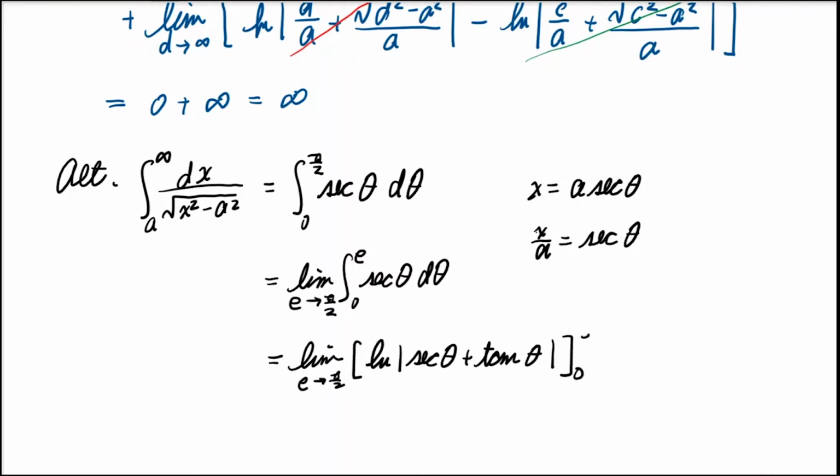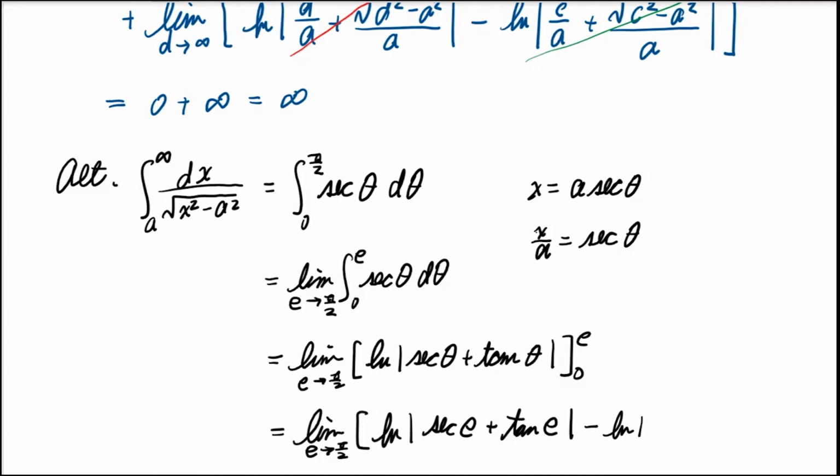And then from 0 to E. Okay, and then we substitute, so we have the limit as E approaches pi over 2, so we have ln of secant E plus tangent E, and then minus, and if you put 0, this becomes 1 and this becomes 0, so we have ln 1, which is 0.